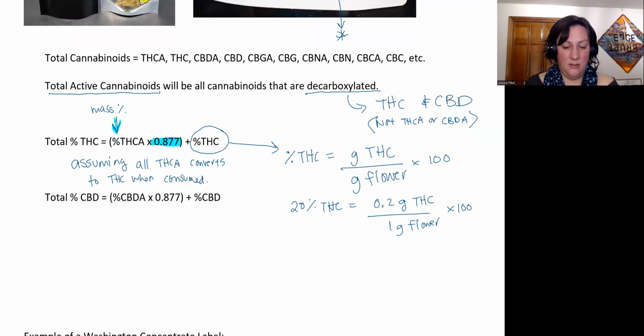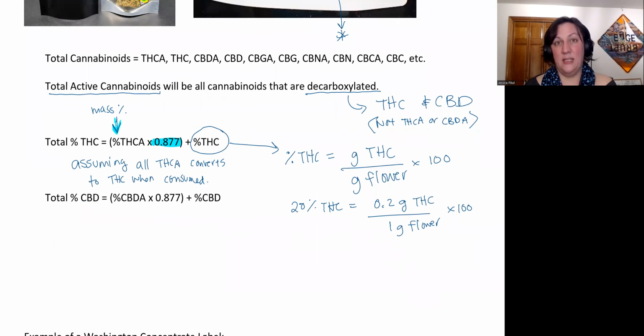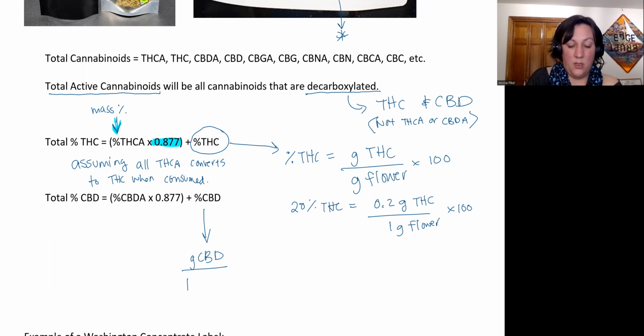So now let's look at the percent CBD. The equation is the same as our percent THC for our total amount. Again, this percent CBD is telling us the grams of CBD present in 1 gram of the flower times 100.